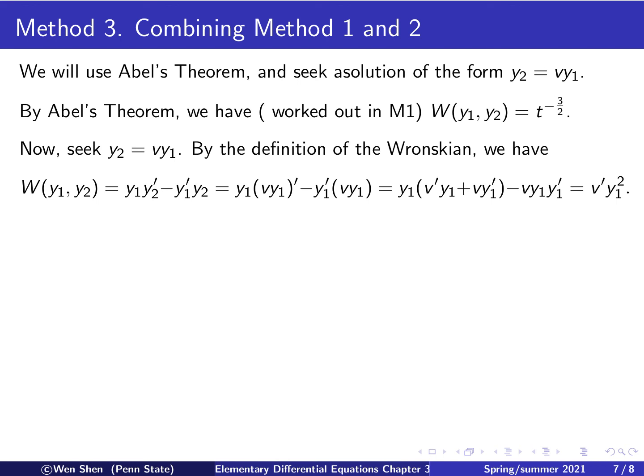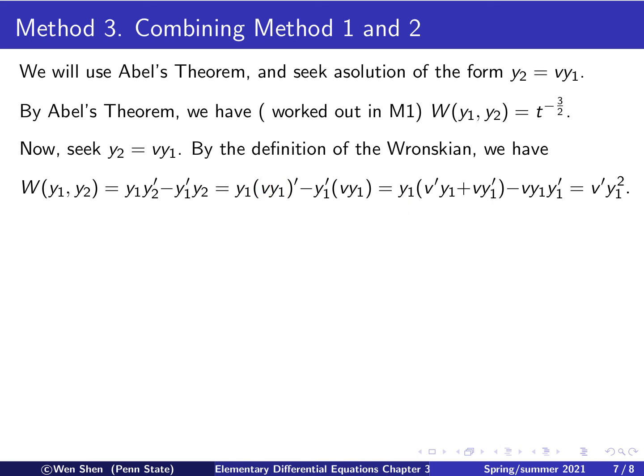Okay, and then we use the definition of the Wronskian, W equals y1 y2 prime minus y1 prime y2. But then here we use this, y2 simply equal to v times y1. Okay, so that's y2, and that's y2. And then we differentiate this by the product rule.